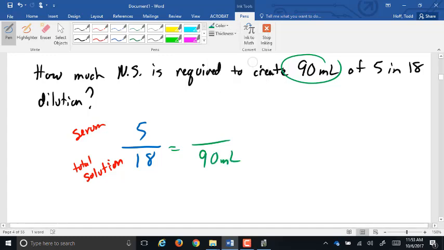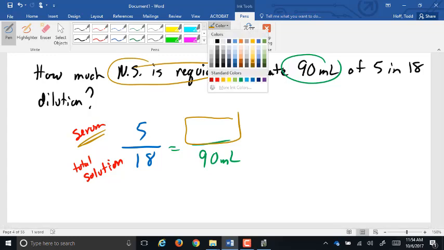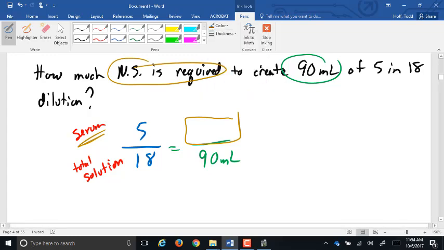Now, this is going to give us the amount of serum. Is that what we're looking for? No, we're looking for the amount of NS. If we find the serum, can we find the NS? Yes. So it's not what we're looking for, but it will help us get to what we want. So 5 times 90 is 450 divided by 18 is 25 milliliters.